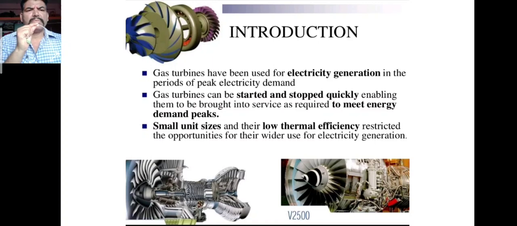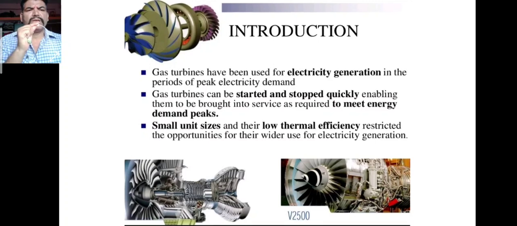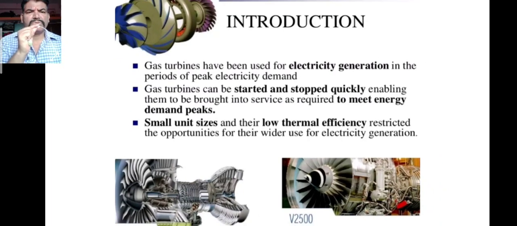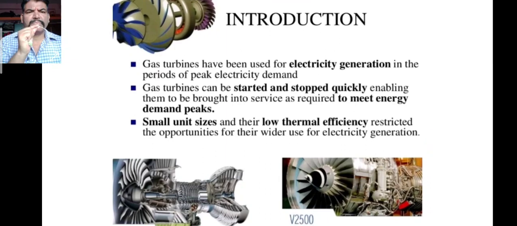Gas turbines can be started and stopped quickly, enabling them to be brought into service as required to meet energy demand peaks. Small unit sizes and their low thermal efficiency restricted the opportunity for their wider use for electricity generation. You can see the cross-section diagrams of the gas turbine.